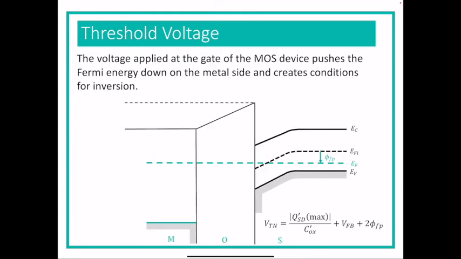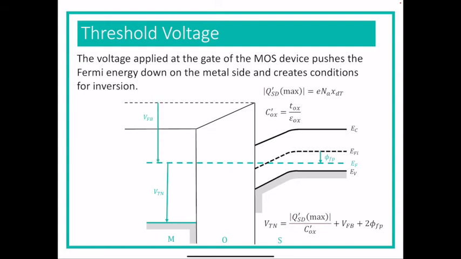So if we apply a voltage, that pushes the Fermi energy down on the metal side and creates conditions for inversion. So that's the threshold voltage right there. That's pushing the Fermi energy in the metal down. We have the values on here that we can calculate. So the threshold voltage is a combination of the values of charge that we can calculate, the capacitance we can calculate.